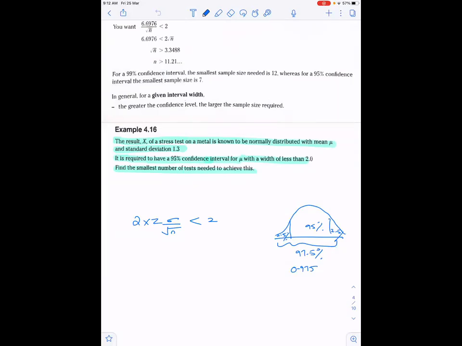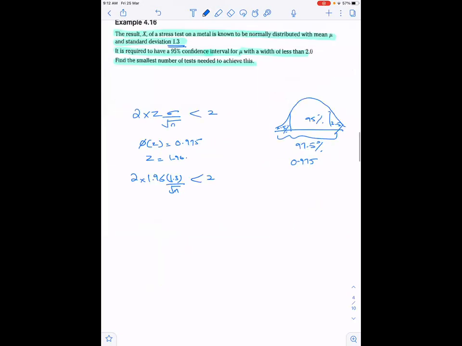So the width is 2 multiplied by 1.96, times the standard deviation 1.3, upon square root of n, which is less than 2. Cross multiplying, this becomes 2 under root n on this side, and 2 into 1.96 into 1.3 on the other, which comes out to be 5.096.